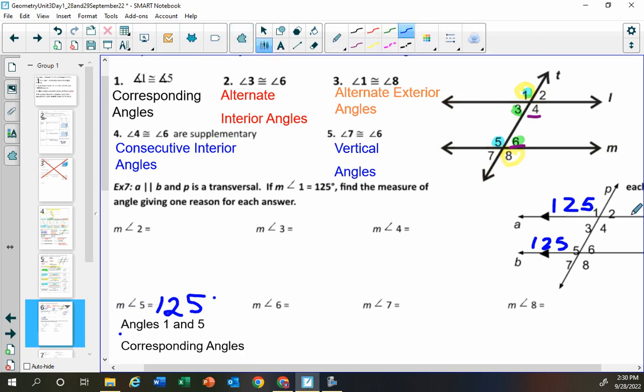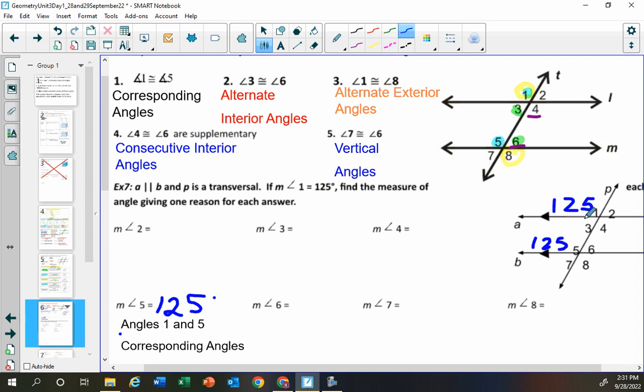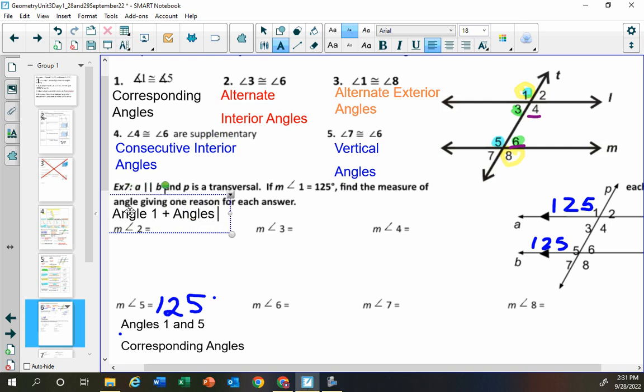Now, let's look at number 2 in relationship to number 1. What do angles 1 and 2 form? Their total is 180. So you have to see what number adds up to 125. Angle 1 plus angle 2 equals 180, so you need to subtract.